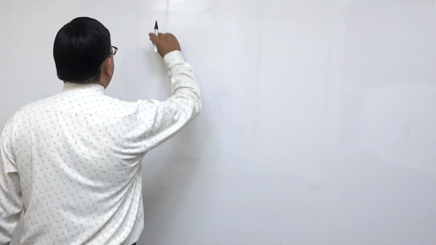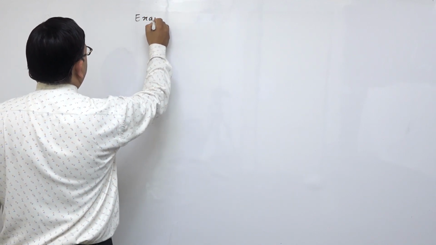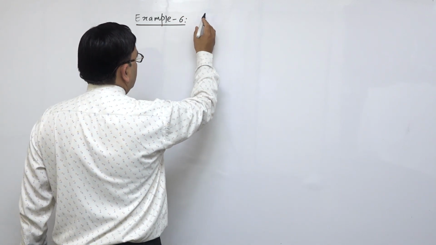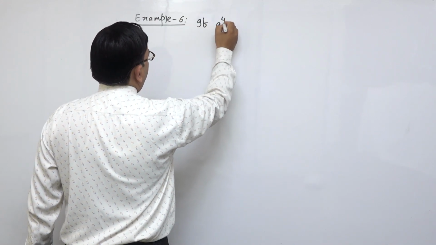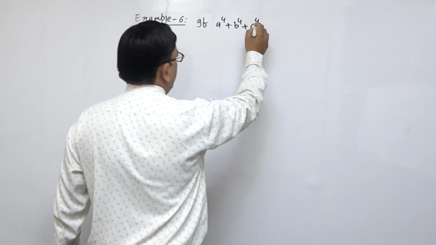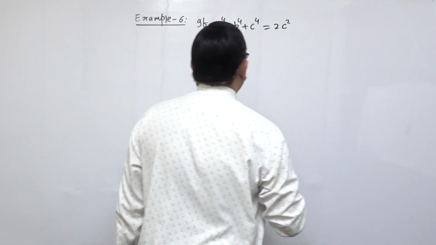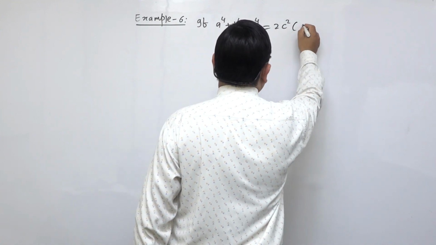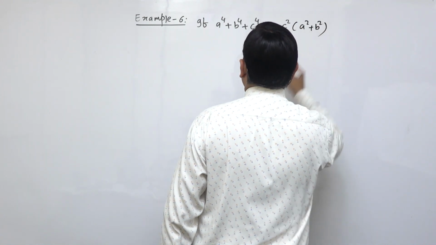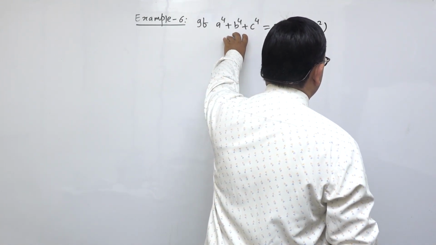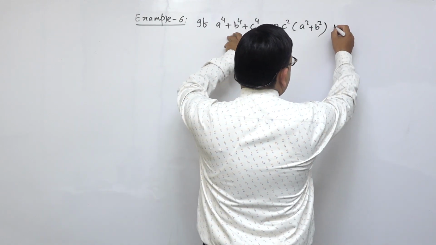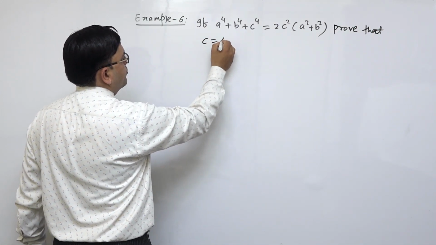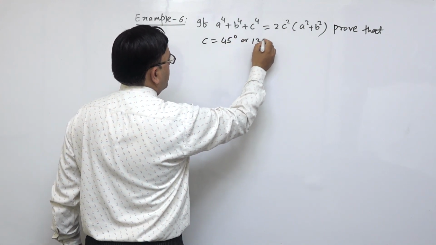Example 6. If a to the power 4 plus b to the power 4 plus c to the power 4 is equal to 2c square times a square plus b square, prove that C is equal to 45 degree or 135 degree.